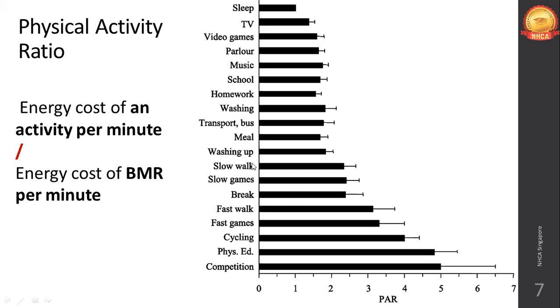For example, slow walking. Okay, slow walking, you can see the physical activity ratio is around 2.5. So this 2.5 will be used in another formula, which we call physical activity level.